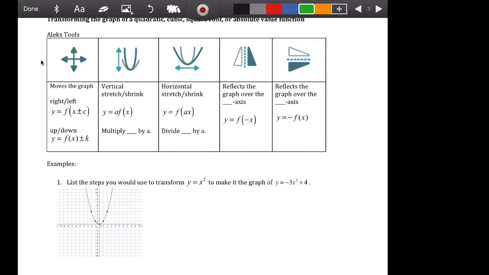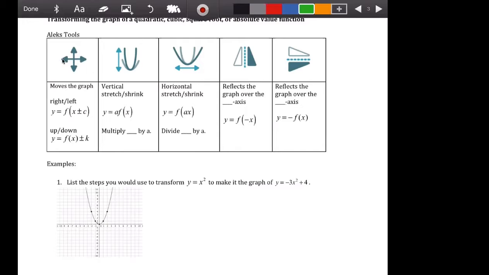Okay, so we're going to do all of these transformations that we've worked on, and we're going to use the ALEKS tools to do that. All right, so we're going to list these steps. For example, 1. What I'll do is I'll screen share an ALEKS question to help out a little bit as far as being able to see me actually do one of these questions, or at least show you all of the different tools.